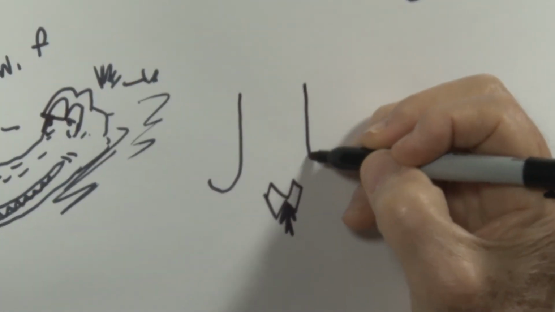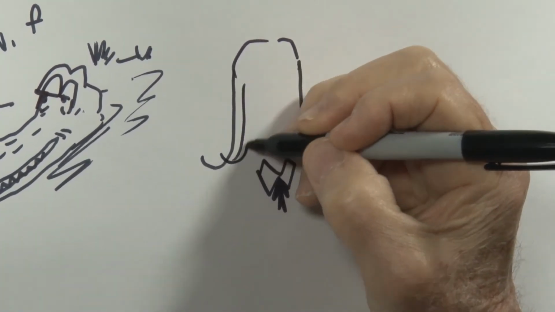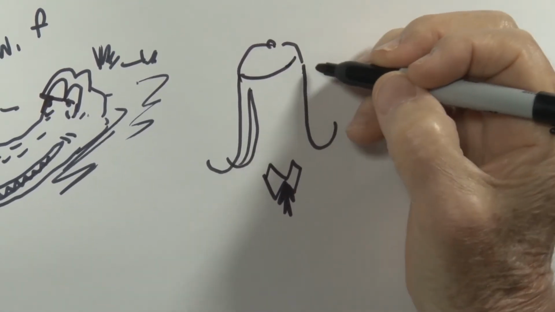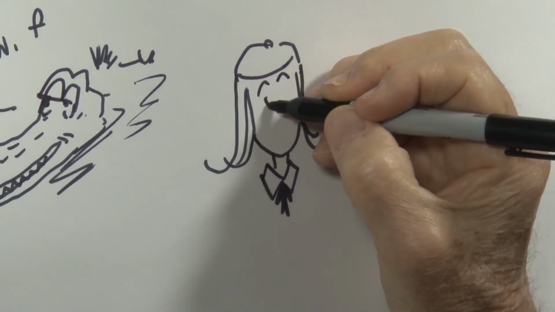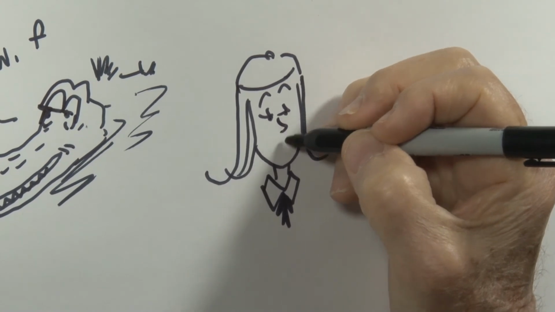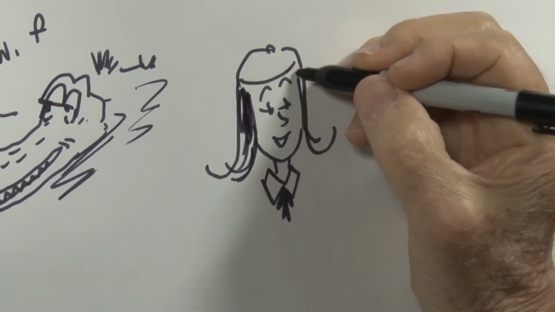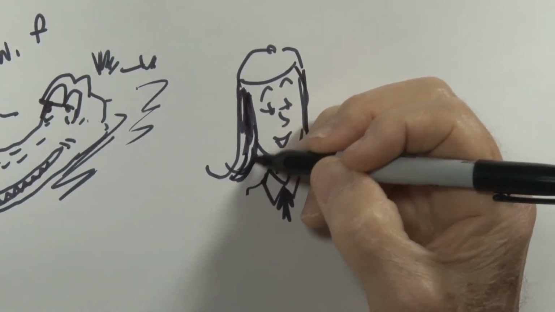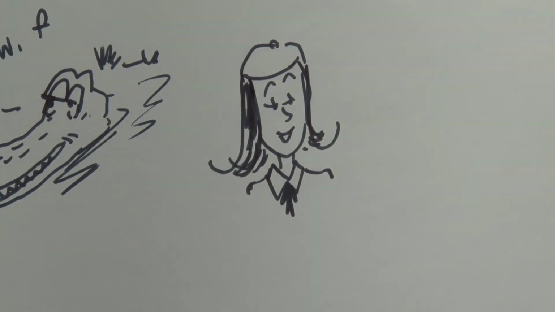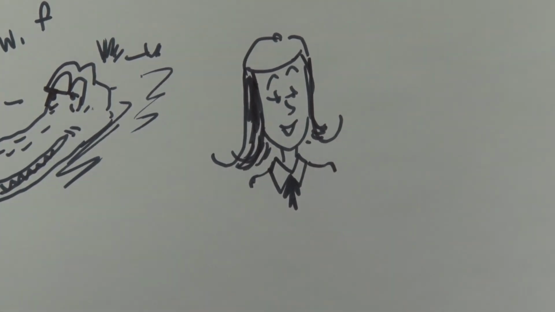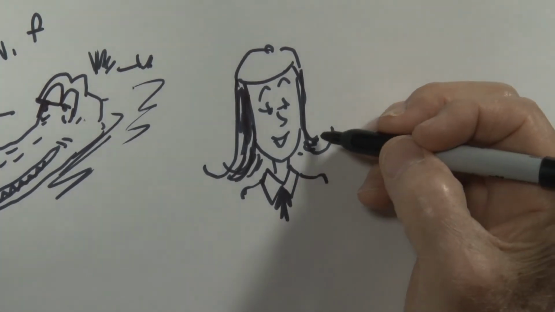Let's do a J, a backward J over there, and the result is, I hope, a girl with a happy smile. JW. Well, I've got a lot of J's on this program.